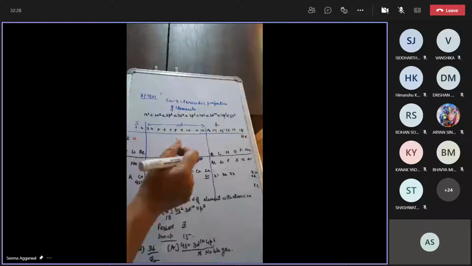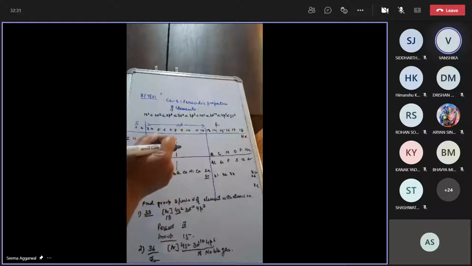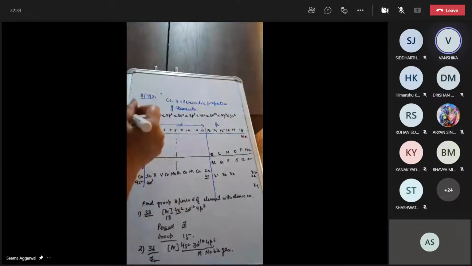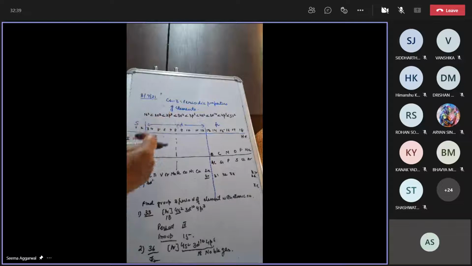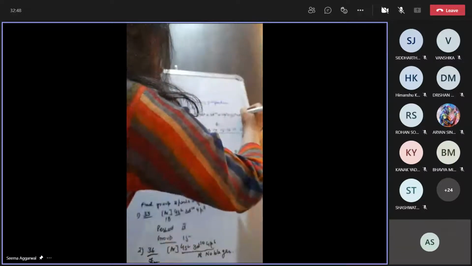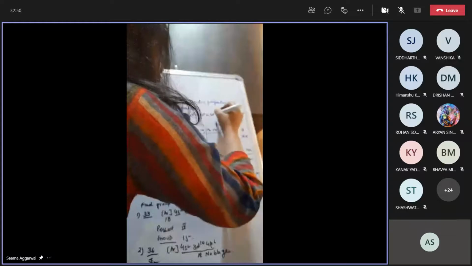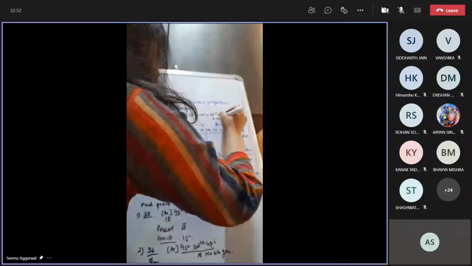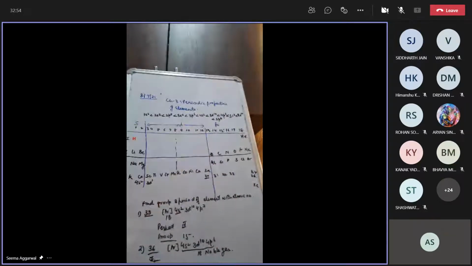Then what is after 5s? 4d. Then 5p6 and so on. Is it okay? This is our Aufbau principle. I have told you how to make the diagram.